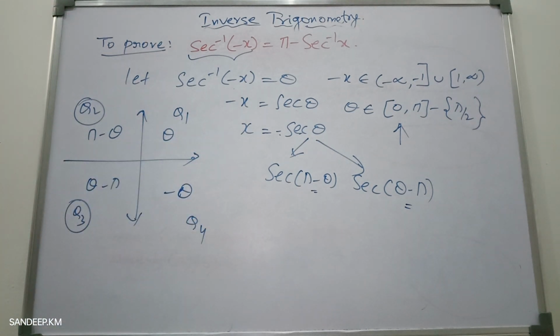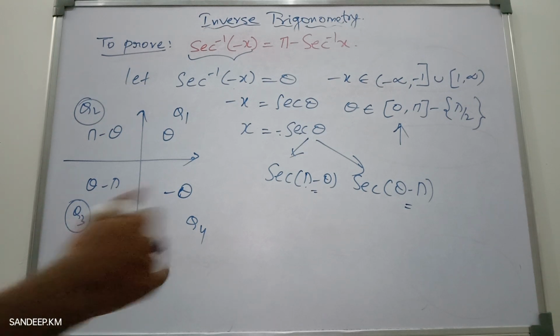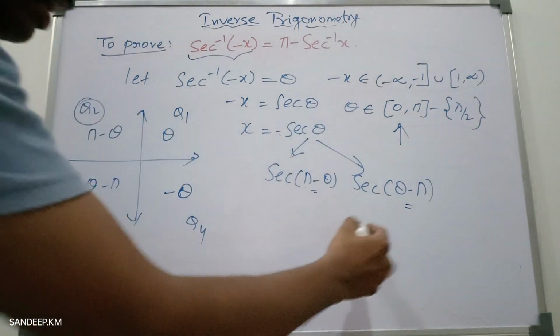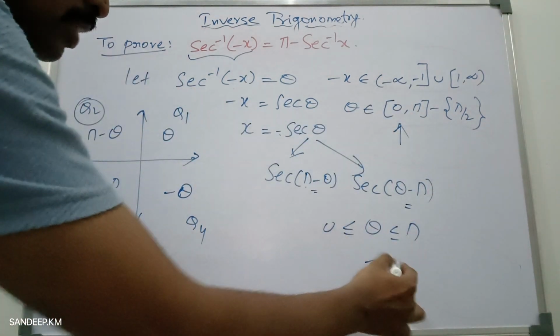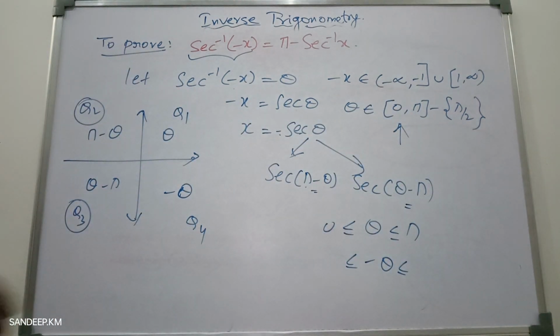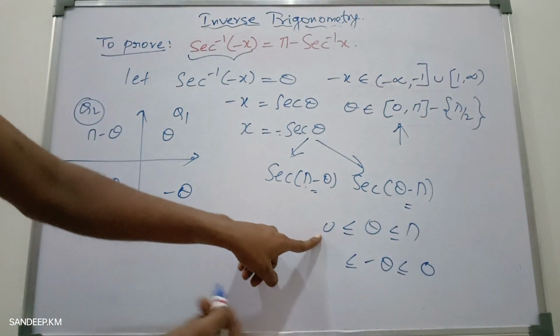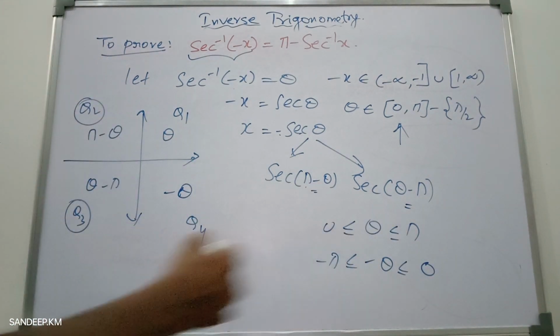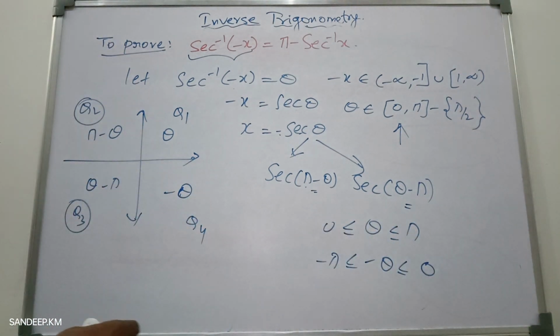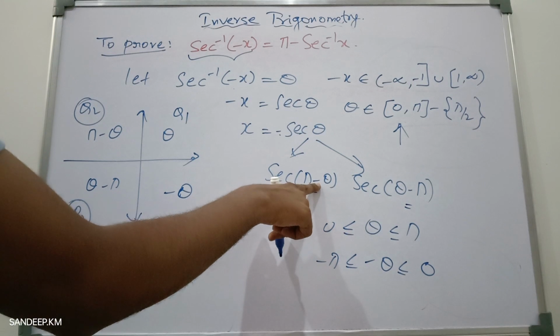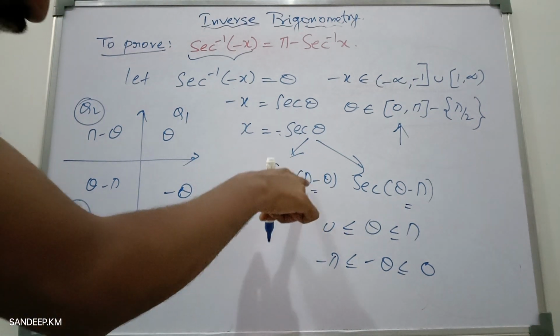Now I hope you are getting clarity. First of all, theta is between 0 and pi. Let us check whether pi minus theta is in the restricted domain of sec or not. So theta is between 0 and pi. Then minus theta is between minus pi and minus 0; we have to interchange those values when I multiply with minus. Next, it is not only minus theta, it is pi minus theta, so I should add pi now.